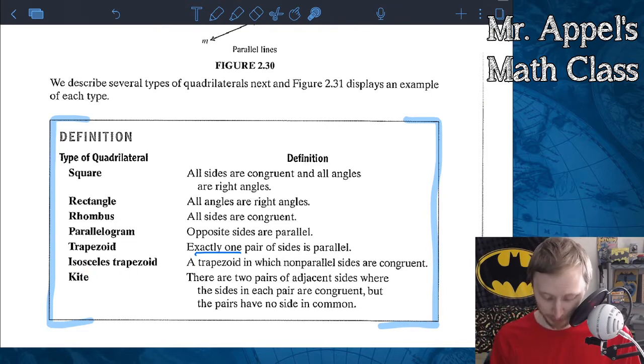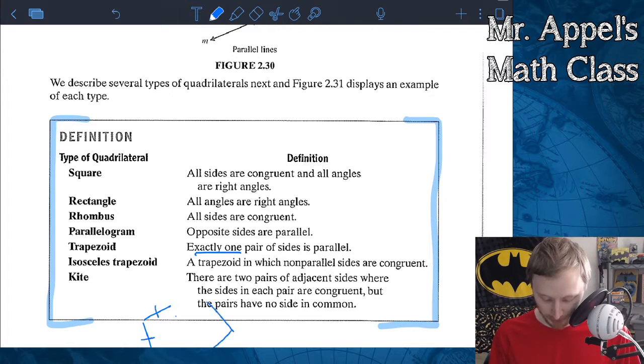The isosceles trapezoid is a trapezoid in which the non-parallel sides are congruent. And a kite: there are two pairs of adjacent sides where the sides in each pair are congruent, but the pairs have no side in common. Two pairs of adjacent sides. Okay, so remember, adjacent sides are two sides connected, so we've got two pairs where the sides in each pair are congruent.